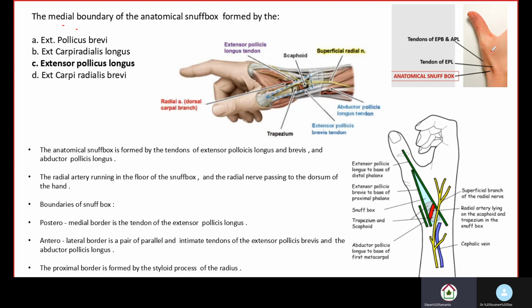Okay, so surface anatomy. This is the snuffbox, right? The boundaries are formed basically by tendons: the tendon of extensor pollicis longus, extensor pollicis brevis, and abductor pollicis longus.